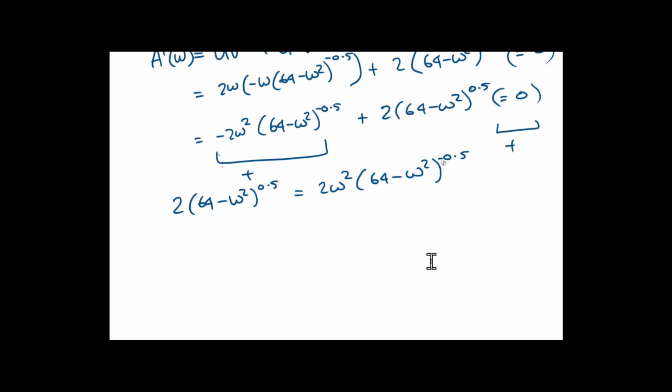Now you might be thinking, what do I do now? But here's what I'm going to do. I'm going to multiply both sides by this bracket and exponent.